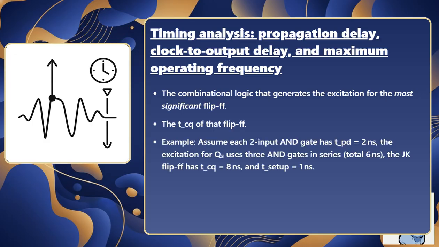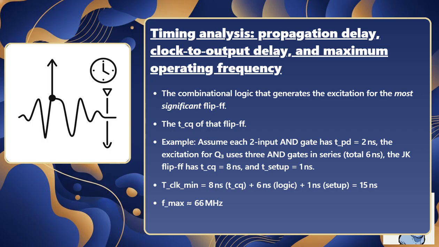Example, assume each 2-input AND gate has T sub PD equals 2 nanoseconds. The excitation for Q3 uses 3 AND gates in series, total 6 nanoseconds. The JK flip-flop has T sub CQ equals 8 nanoseconds, and T sub setup equals 1 nanosecond. TCLK min equals 8 nanoseconds T sub CQ plus 6 nanoseconds logic plus 1 nanosecond setup equals 15 nanoseconds.